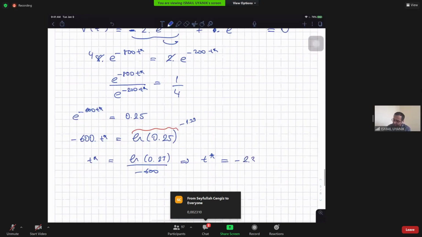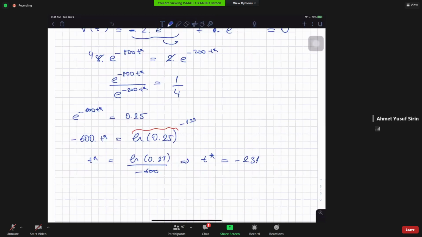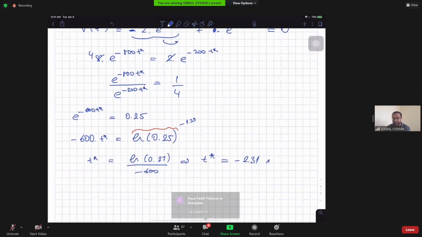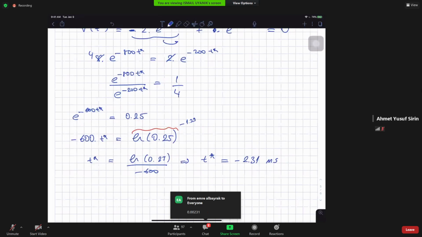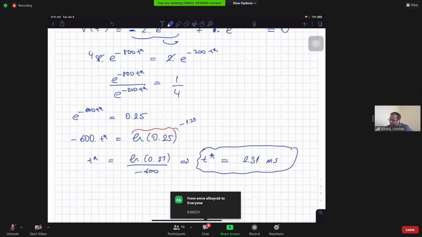What, seconds? It can't be, because this is 600 over 1,000. If it's over 1,000, then I will say this is milliseconds. Yeah. It should be positive, exactly. Because ln is negative and we divide by minus 600, the result will be positive.